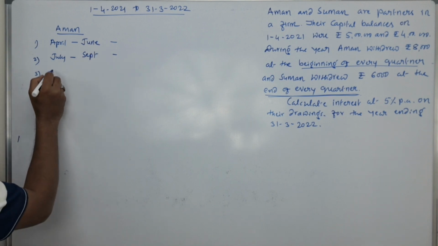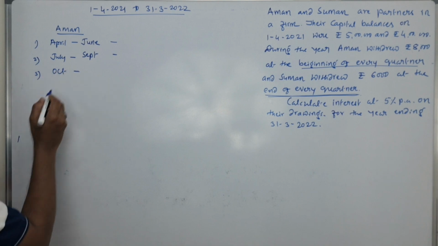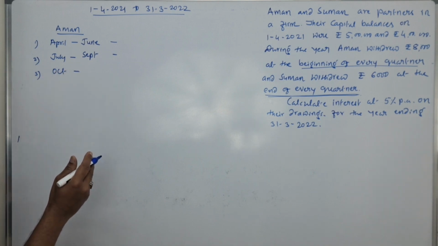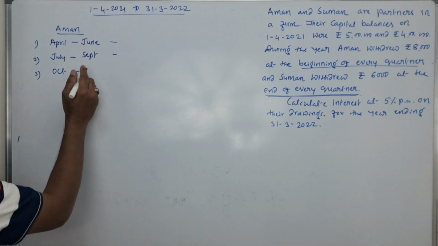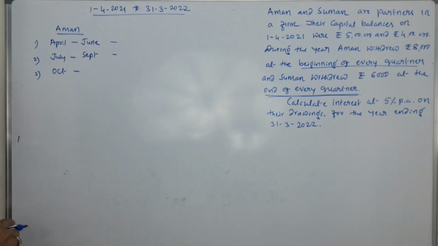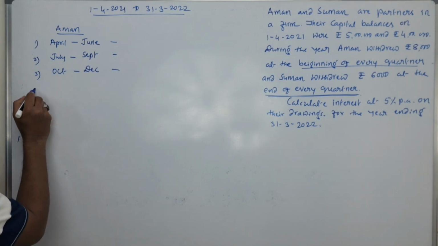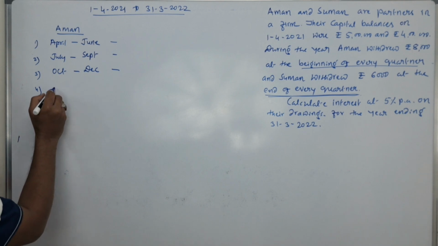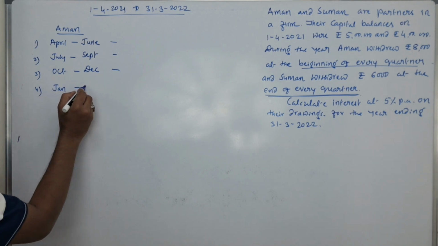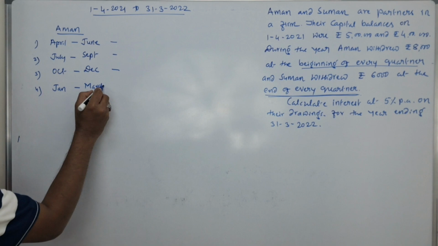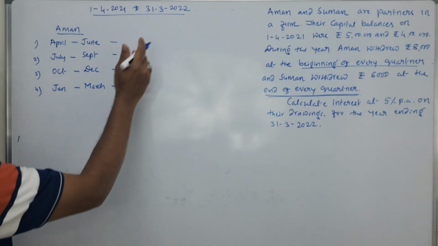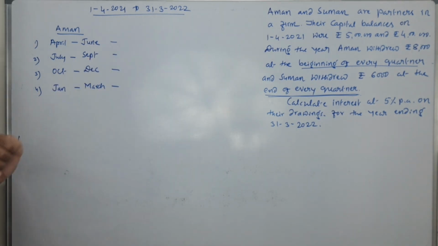Next quarter is October, November, December. Next quarter is from January to March. See, this is the last quarter, 31st March.